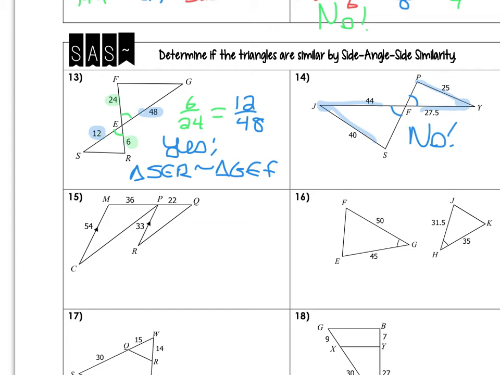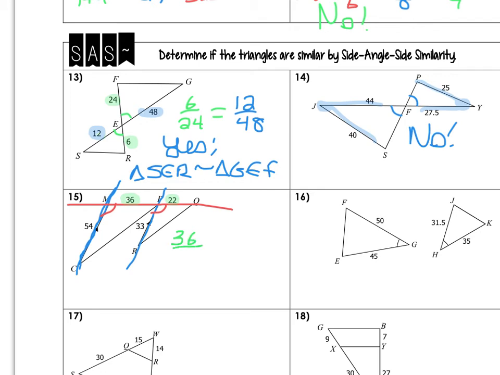All right, let's go to the next one. Here we go. We've got parallel lines again. So here's a parallel line and here's a parallel line. This is our transversal. So we have this angle and this angle that are congruent. They're corresponding angles. And you'll notice that the sides contain that angle, which means we're going to go ahead and set it up. So I'm going to do the smallest, which is a 36 here and a 22 here.